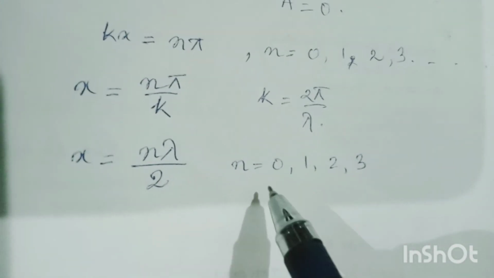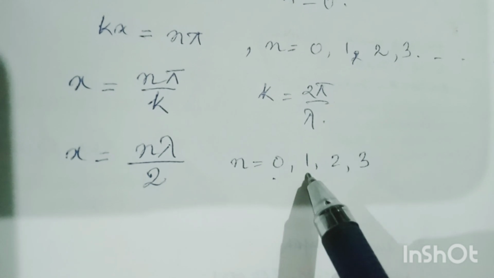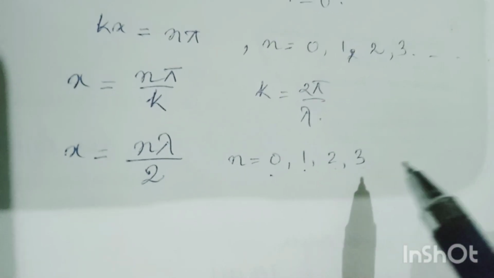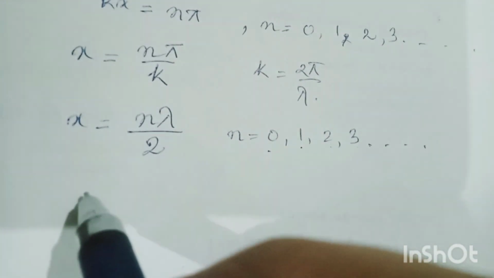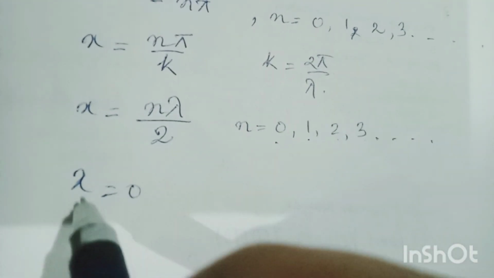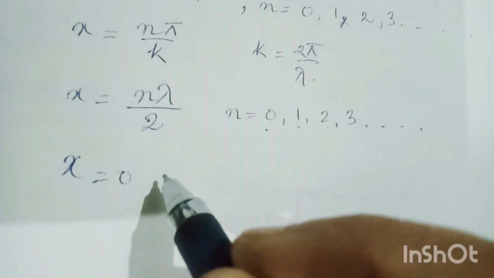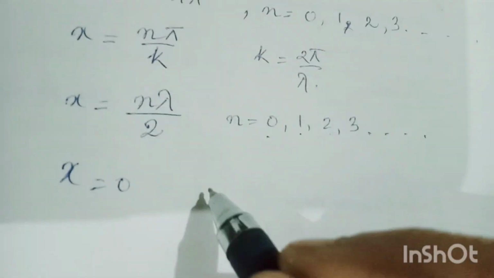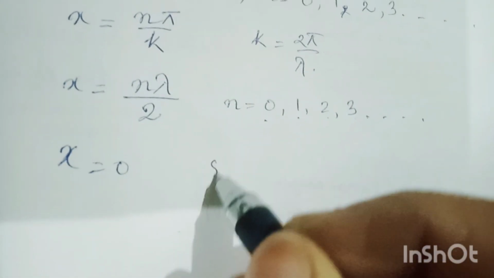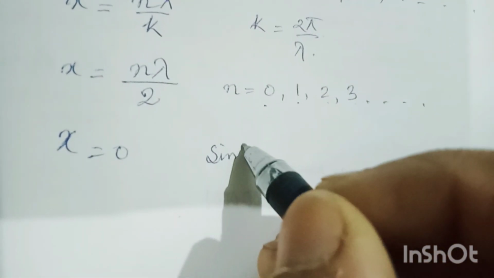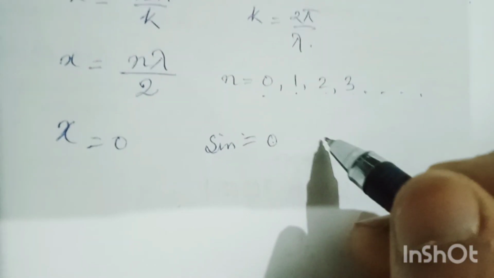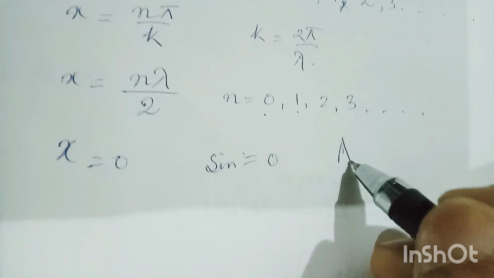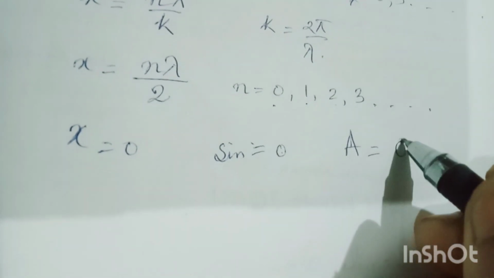So when n equals 0, 1, 2, 3, we get x equal to 0, lambda by 2 and so on. And x equal to 0 means sine is equal to 0, and we have amplitude equal to 0.